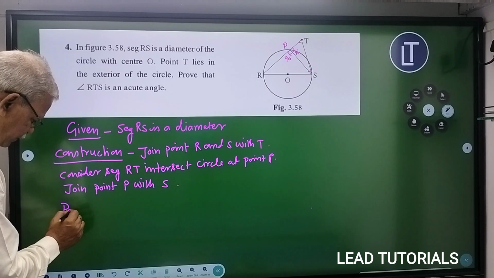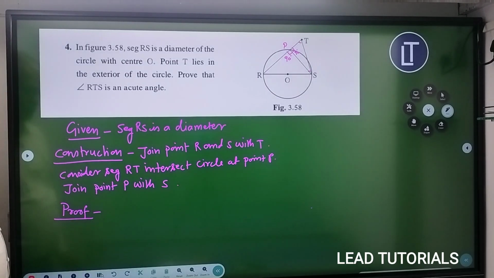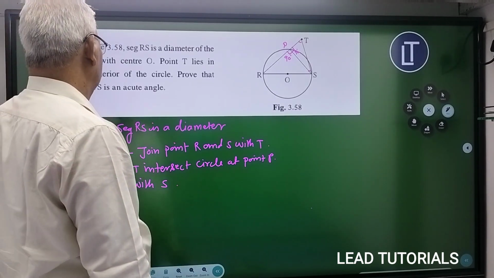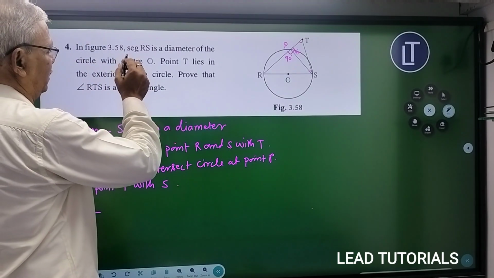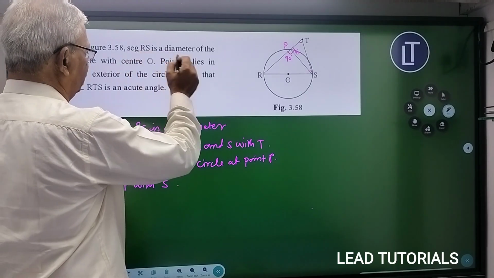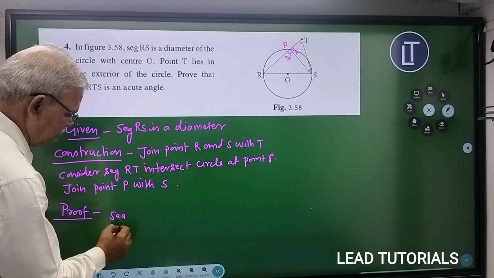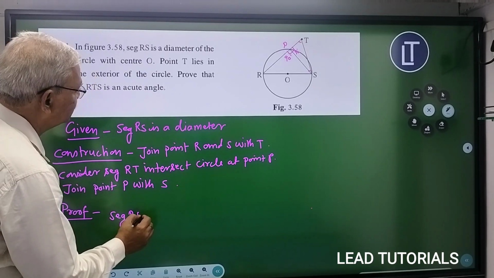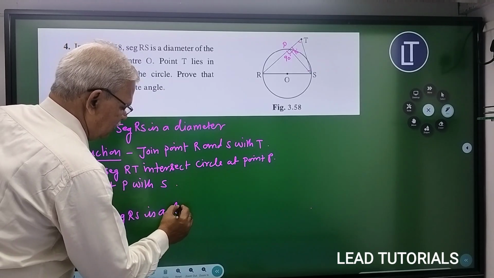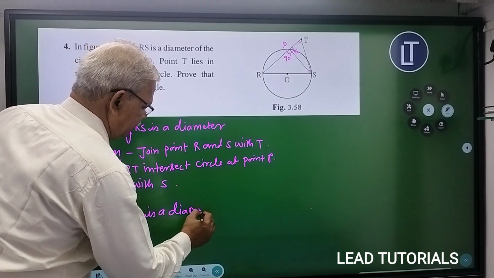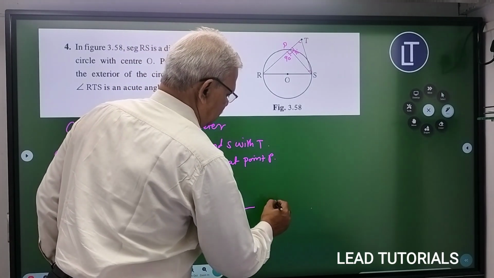The proof is: now see, for the proof we will start from the things which are given. Segment RS is a diameter. Okay, it is given.